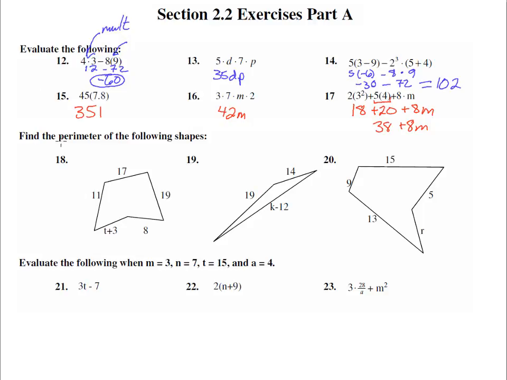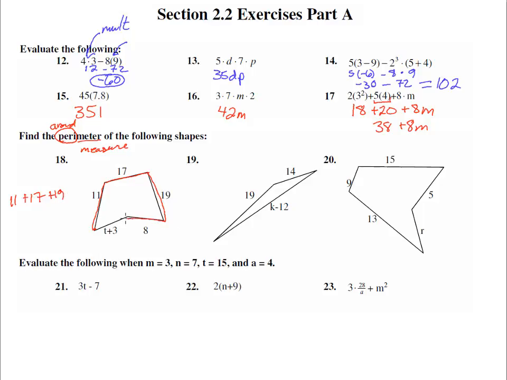It says find the perimeter of the following shapes. Perimeter, peri, means around, and meter means measure. So we're finding the measure around these shapes. So let's start right here. And we go up 11 plus 17. Good, that's 28. Plus 19. So we're up at 47.